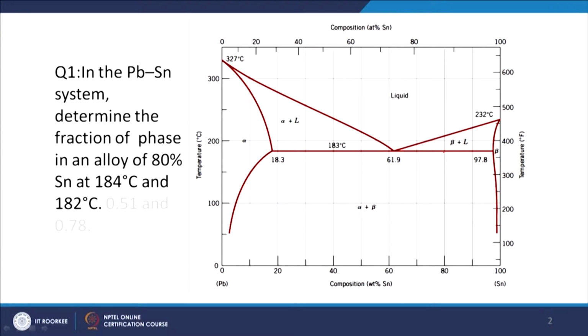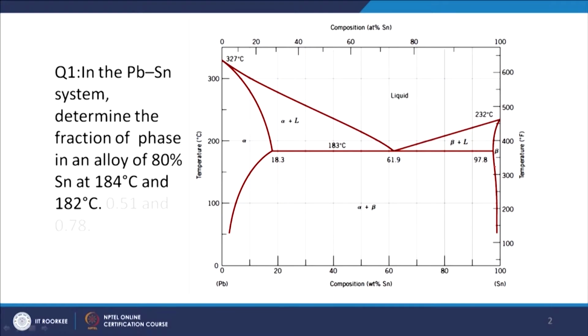As you can see, 80% is coming into this zone, which is beta plus liquid. If you come to a temperature just below 183, that is 182 degrees centigrade, then you have the alpha on this side and beta on this side.